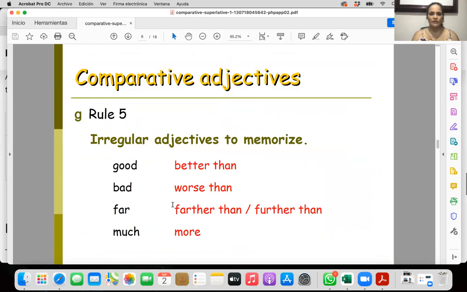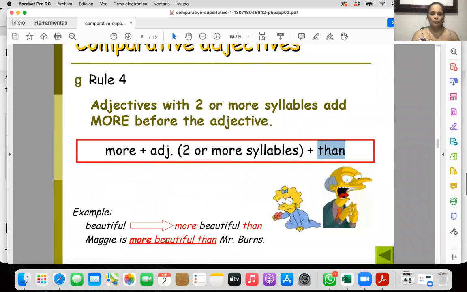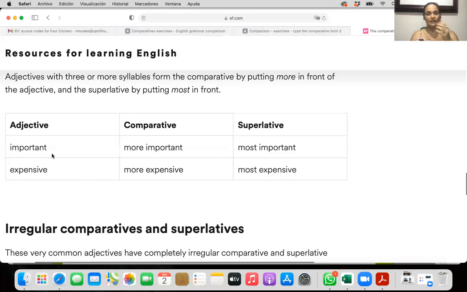For example, we have here the word beautiful. Beautiful has 3 syllables. So we're going to put Maggie is more beautiful than Mr. Burns. This is the comparative right here. Let me show you more examples. We have the adjective important.